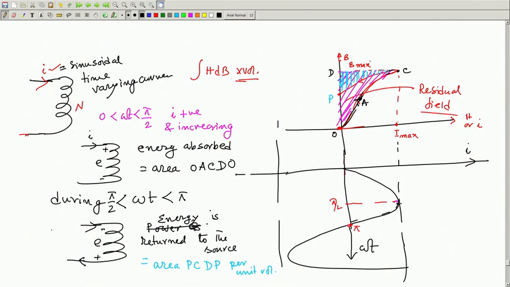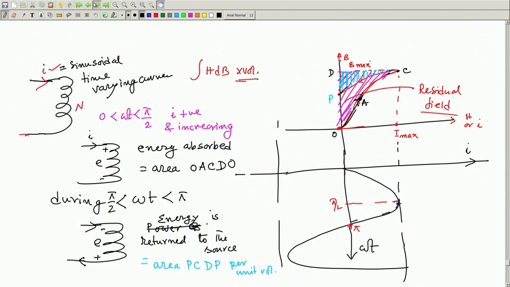And how much energy is delivered? Once again integral H dB, but then the BH curve is like this one, and this area will be this one. Therefore, the difference of this area represents the energy absorbed by the coil.